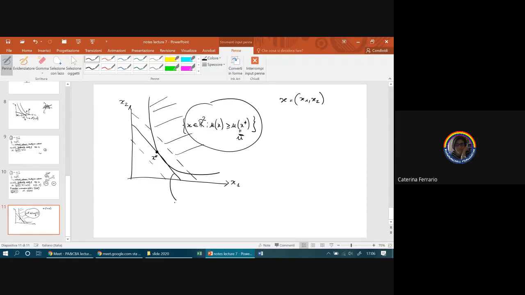This is the line of all X in R square, such that P times X is equal to P times X star. So we take all different bundles that are linked to the same level of expenditure of our X star. And this is our optimum.